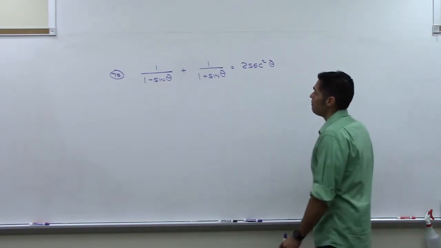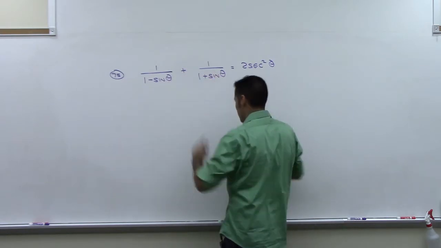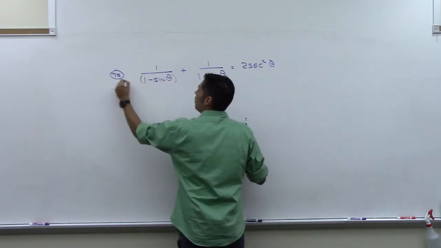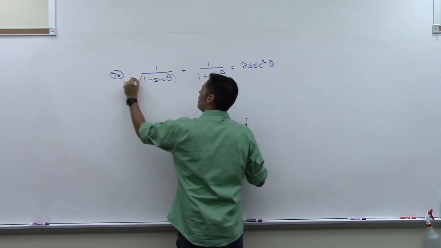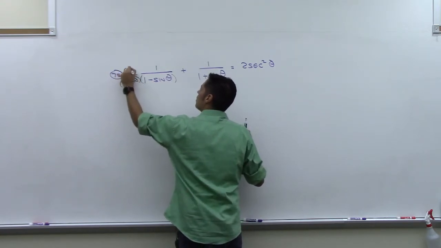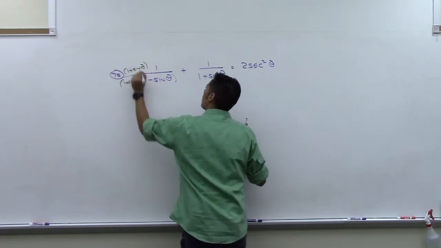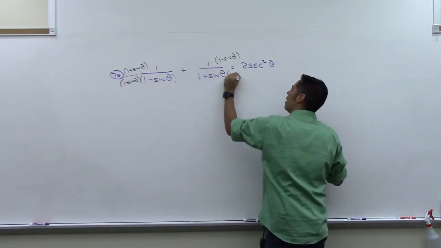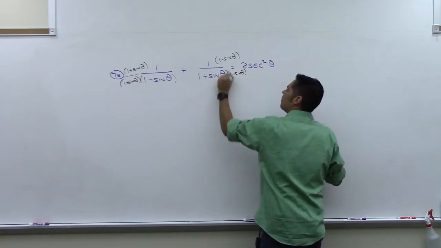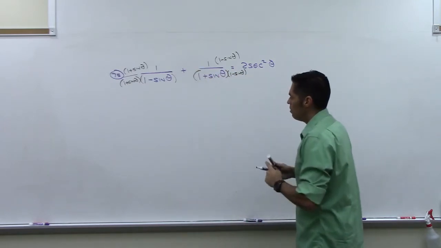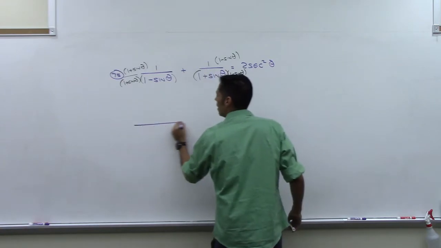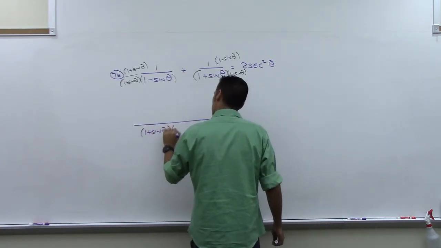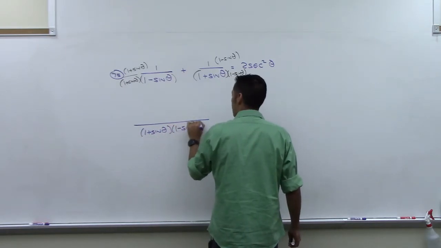Okay, back to this. I'm going to put these two together with a common denominator. So when I do that, I've got to do 1 plus sine theta here, 1 plus sine theta here, 1 minus sine theta here, 1 minus sine theta on the bottom there. So my denominator on the left side is going to be 1 plus sine theta times 1 minus sine theta. That's my common denominator.